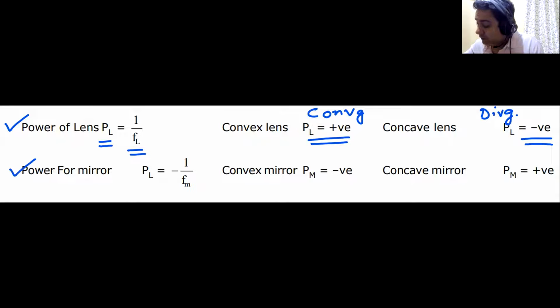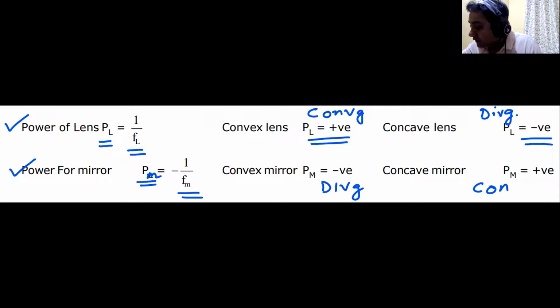But for a mirror, the power formula is minus 1 by F. Power of a mirror, written as PM, is minus 1 by FM. For a convex mirror, the power is negative, that means it is diverging. For a concave mirror, the power is positive.